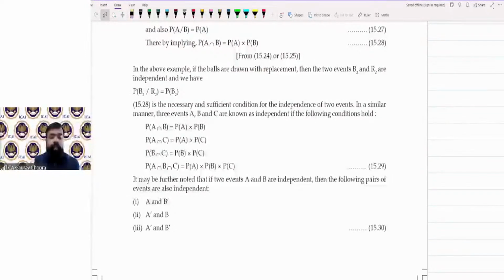Now, there is one theoretical question which can be formed here. Let's say A and B are two independent events. Then which of the pairs are independent? A and B dash, that is the complement of B, will be independent.